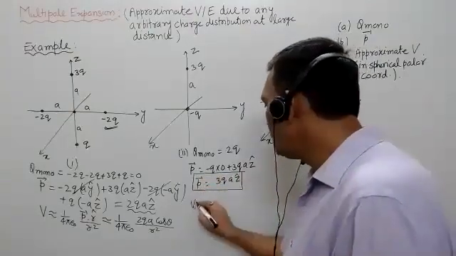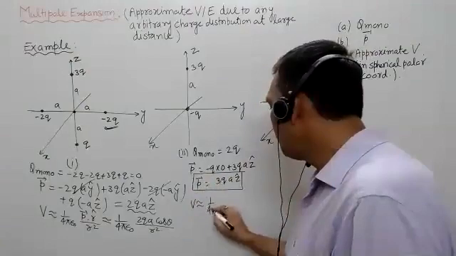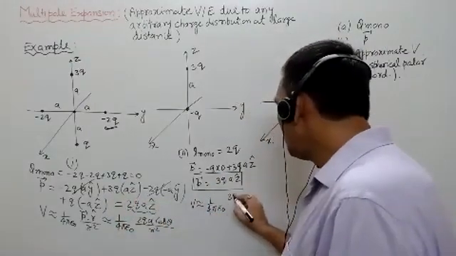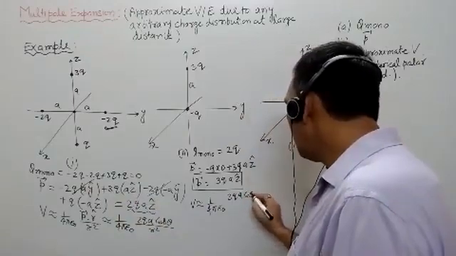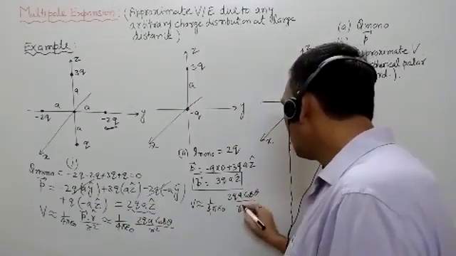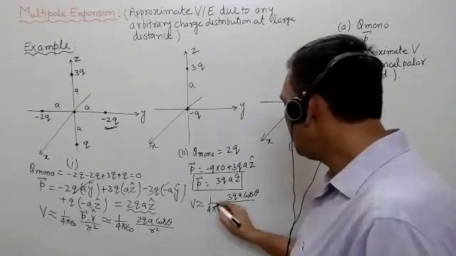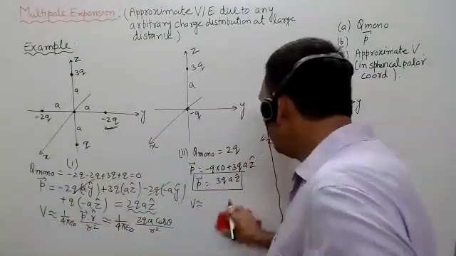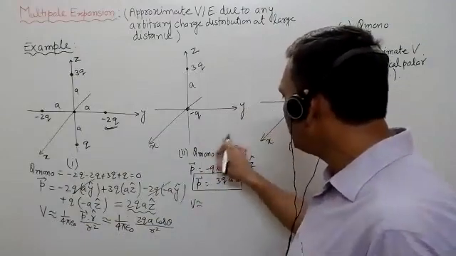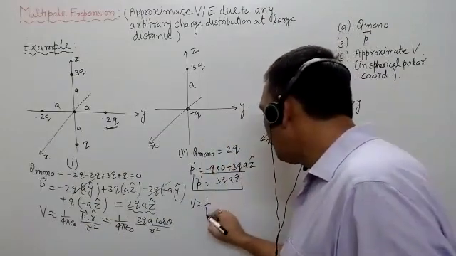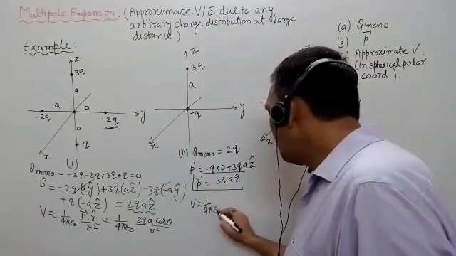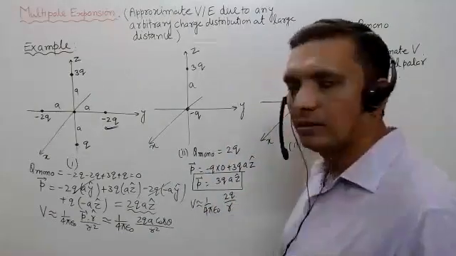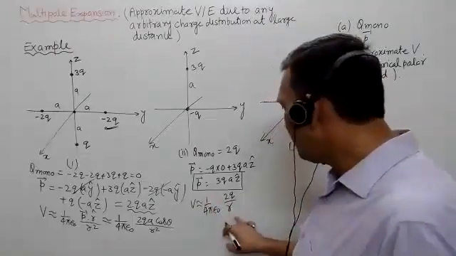And what will be the potential? Approximately 1 by 4 pi epsilon naught, P dot r cap is 3Qa cos theta by r square. This is the potential due to the dipole. In this case, the approximate dependence is 1 by r. So you will get 1 by 4 pi epsilon naught Q mono, Q mono is 2Q by r. This is the approximate dependence.